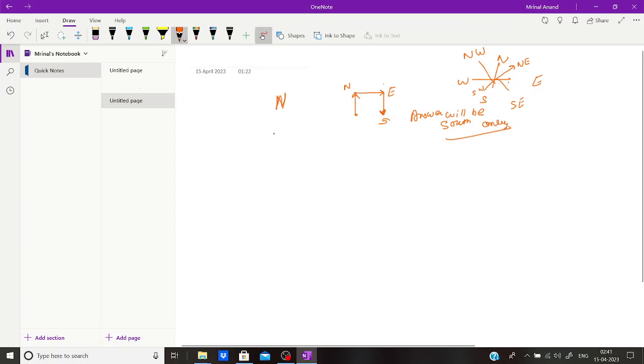Let us take an example, or in an alternate way you can also solve this question. Suppose you are facing towards the north, and you are told to move 90 degrees clockwise. Again you are told 90 degrees clockwise, that means the right.